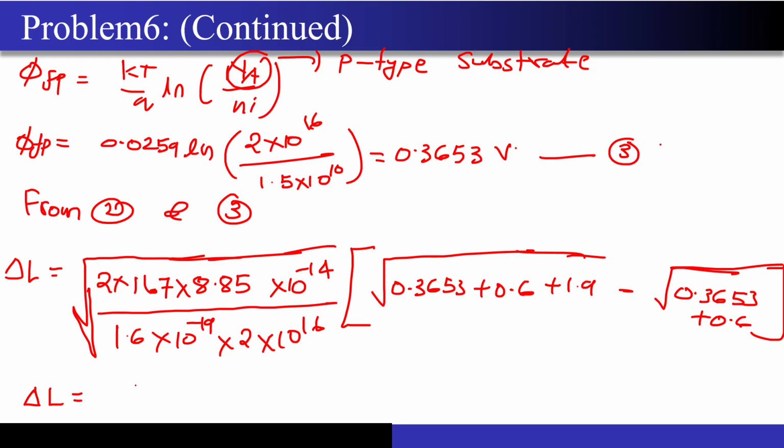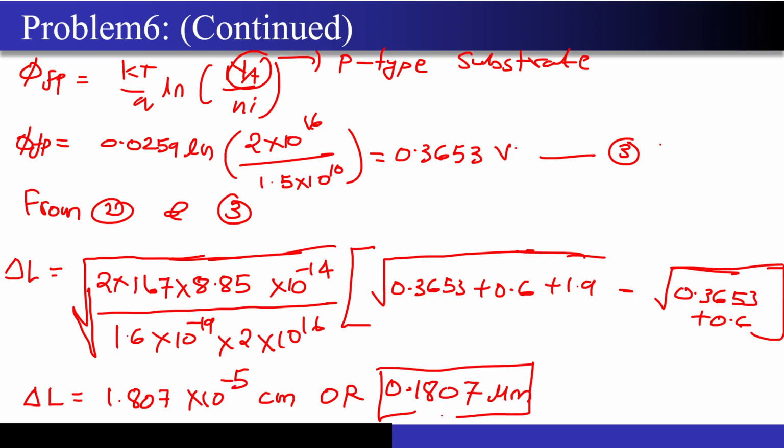So now this delta L value will come out to be around 1.807 into 10 to the power minus 5 centimeters, or you can also write it as around 0.1807 micrometers. Now just to highlight how significant this is, my L was 1 micrometer, right?